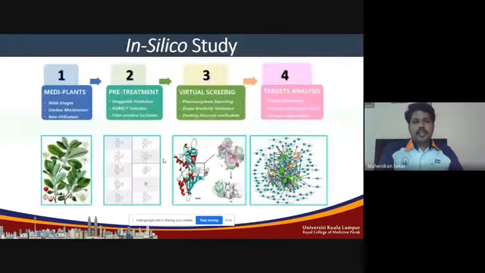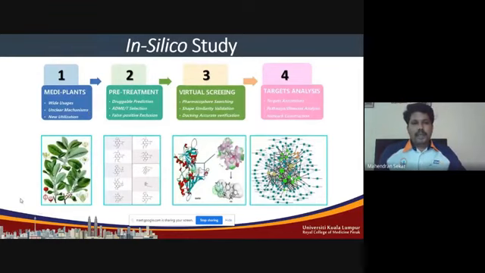In silico studies mainly involve 4 steps. The first step is to confirm the research significance of the medicinal plants. For example, there are 3 types of medicinal plants. One is the common medicinal plants with a more complex mechanism than other herbs, meaning already established with many pharmacological activities.